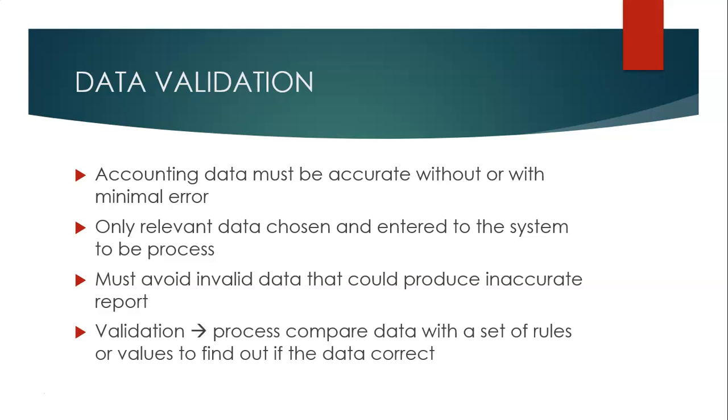And inaccurate reports will lead to inaccurate decision making. So validation is a process to compare the data that we enter with a set of rules or values that we have determined for that particular cell. This process will find out whether the data entered is correct or not.